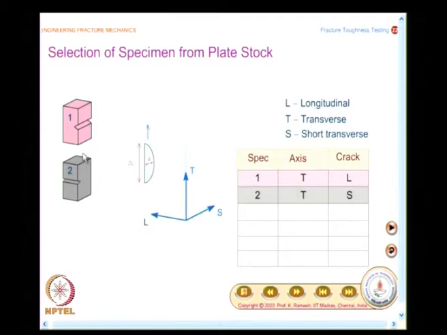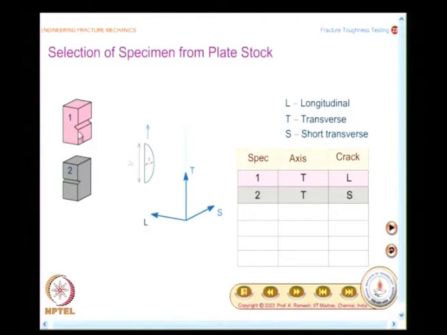Depending on the manufacturing process, its strength will vary in different directions. If it is extruded along the length direction, you will find it has more strength, and what the code says is you have to select the specimen appropriately from the plate stock.